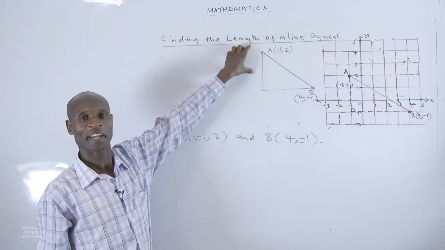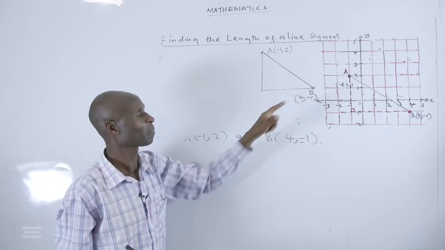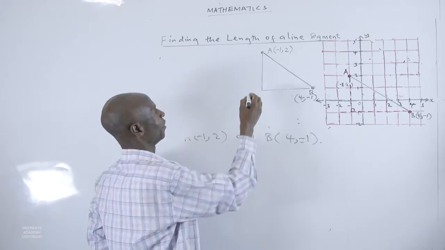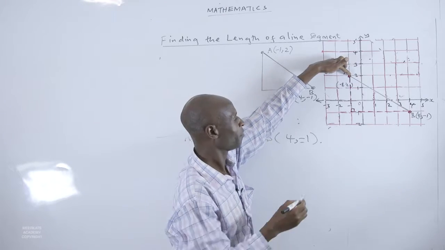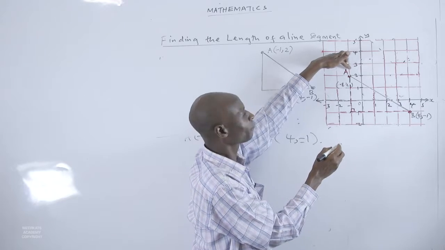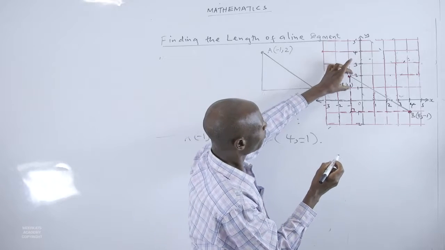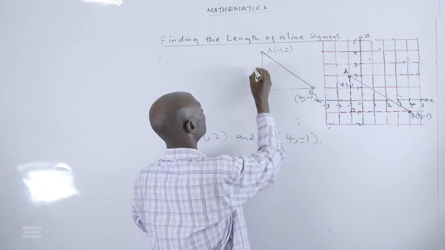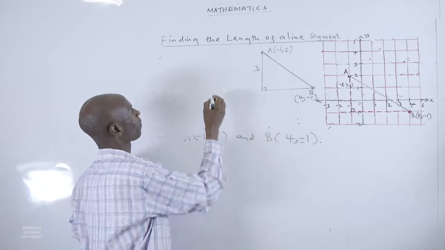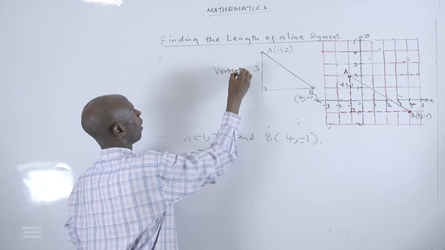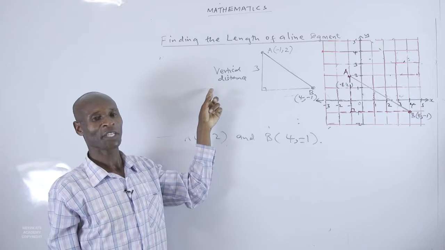So this is the extracted right angle triangle where this is point A and this is point B. That's our line segment. So we need to get the units from A to where we have our right angle. If we count, literally, you find that the units are 1, 2, 3. 3 units vertically. That represents vertical distance.